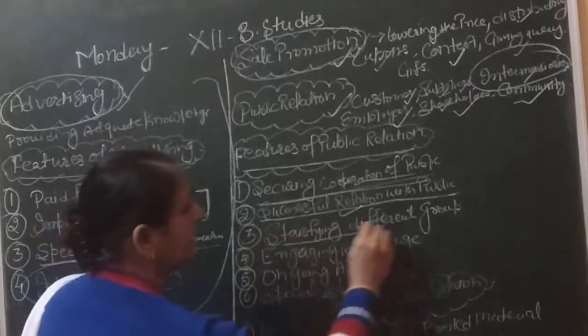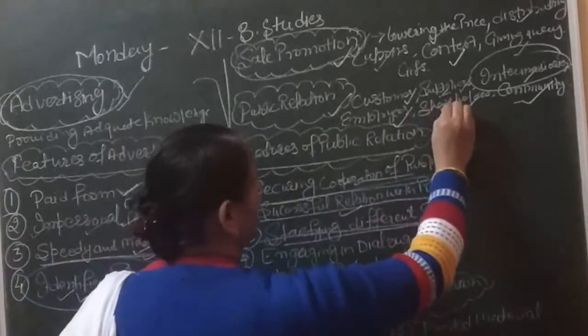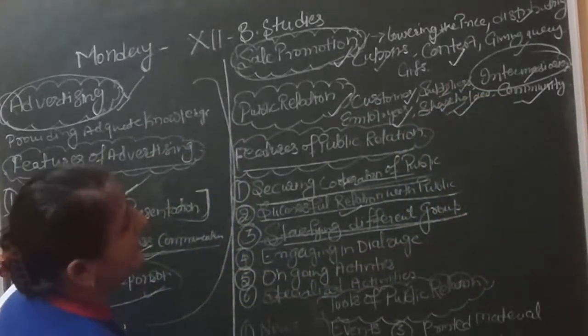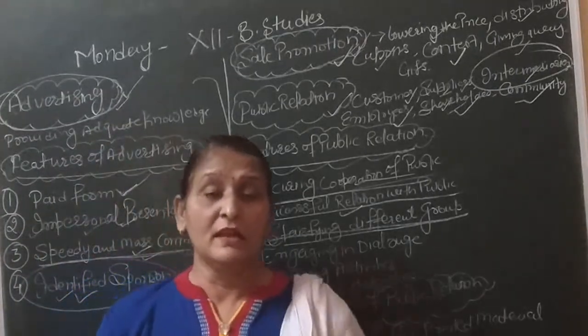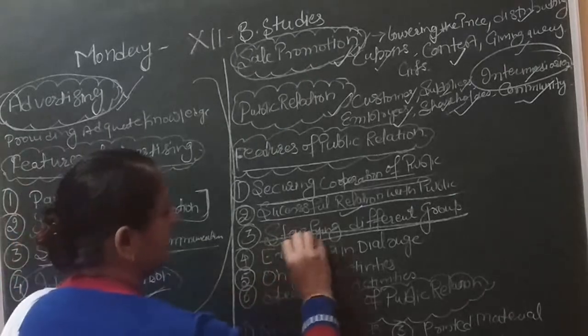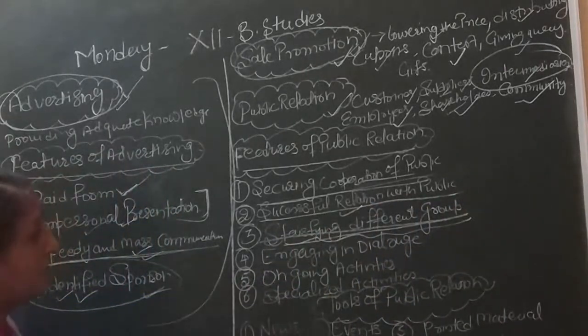Then satisfying different groups, right? If अगर हमारे organizations के shareholders, employee, suppliers, customer, if they are satisfied, then we can run the business very speedily, right? We can run the business very successfully, and it is a must to satisfy those groups of persons.